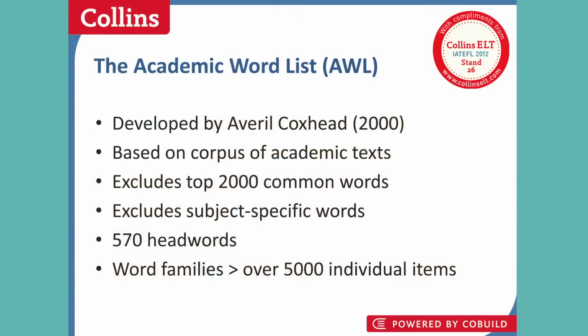But then they made a couple of decisions. They excluded roughly the top 2,000 most common words. So obviously you don't want words like the, an, at, on, that are just generally common through the language. So they took those words out. So they weren't looking at frequency of just very common words. Then at the other end, they didn't want to include very subject-specific words.